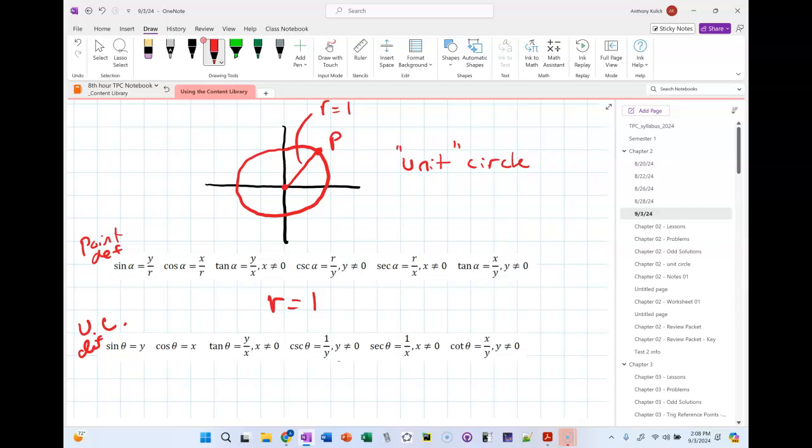It's the same definition, just r is 1. So sine, y over r, becomes just y. Cosine, x over r, becomes x, etc., right? Is everybody okay so far?